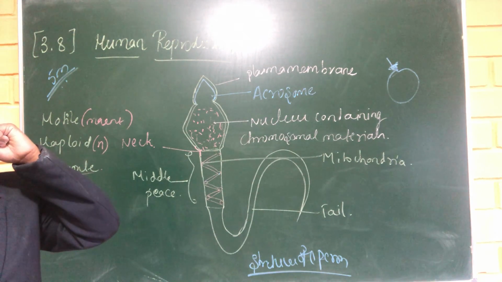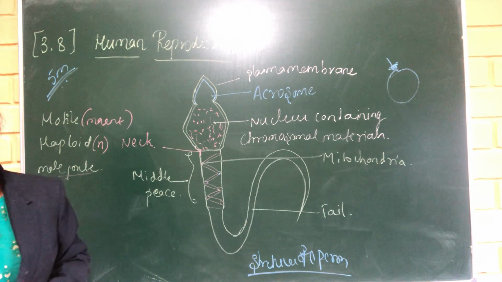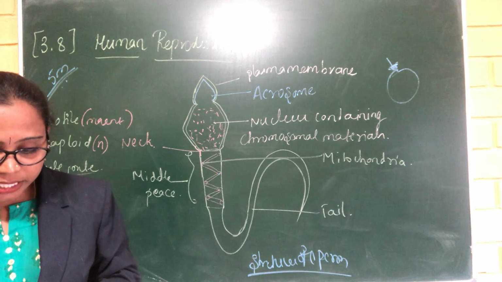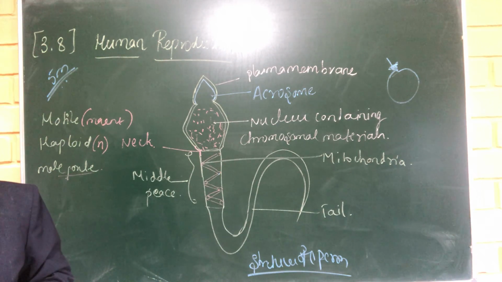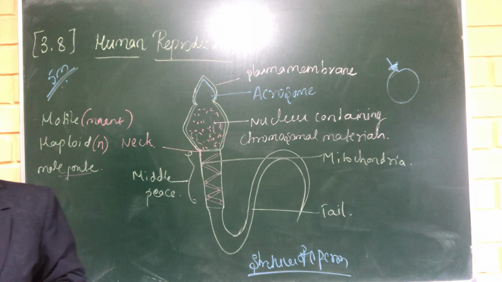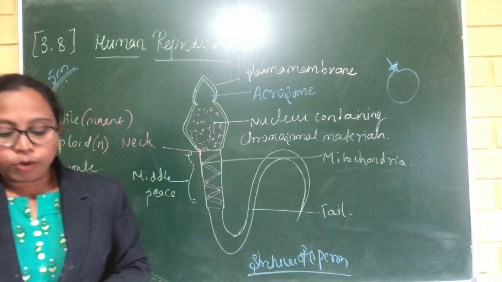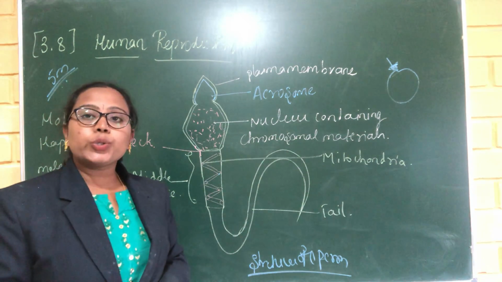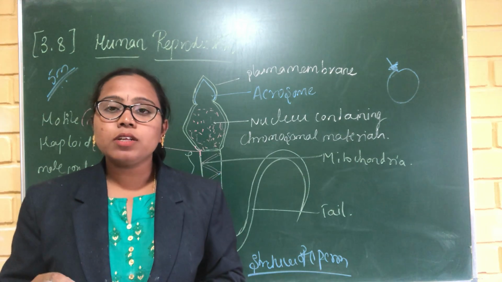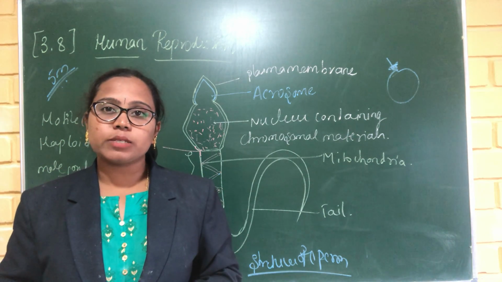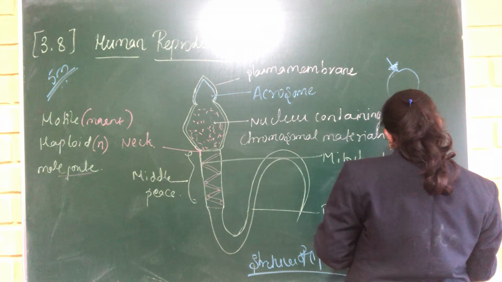A human male ejaculates about 200 to 300 million sperms during coitus, of which, for normal fertility, at least 60% must have normal size and shape, and at least 40% of them show vigorous motility.